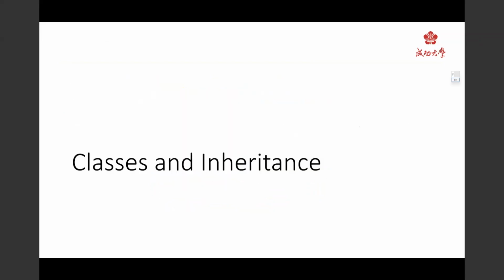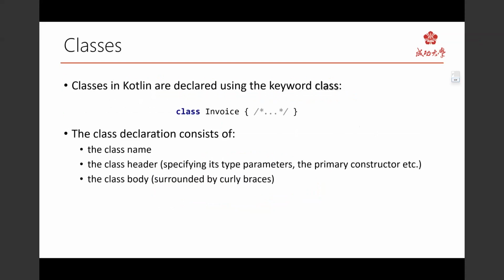Okay, so now let's move on to classes and then inheritance. So in Kotlin, classes are declared using the same keyword. In other words, class, and following the class keyword is the class name, and then what follows the class name is the class body.